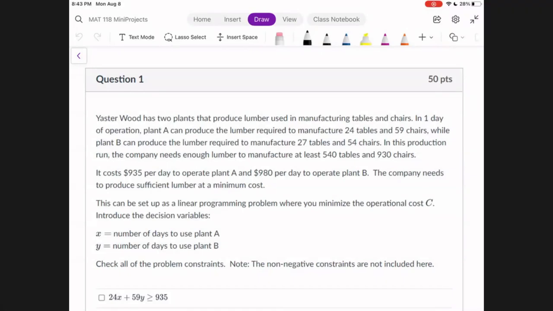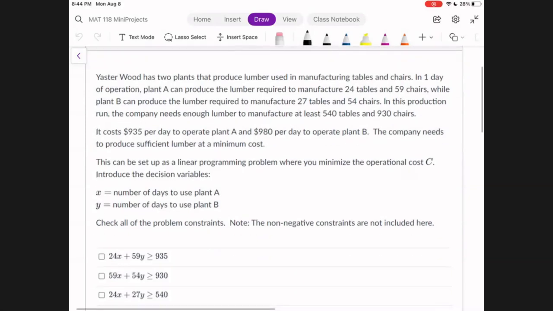In this production run, the company needs enough lumber to manufacture at least 540 tables and 930 chairs. It costs $935 per day to operate Plant A and $980 per day to operate Plant B. The company needs to produce sufficient lumber at a minimum cost.